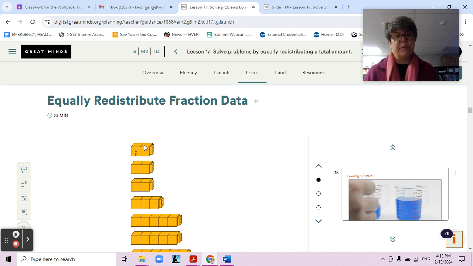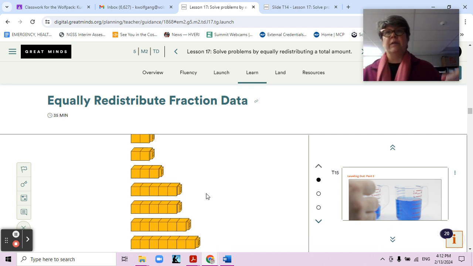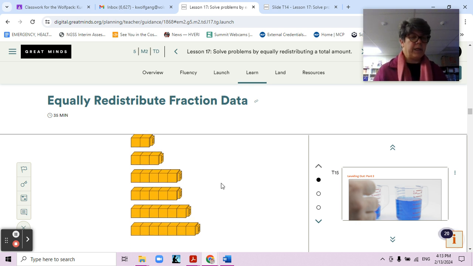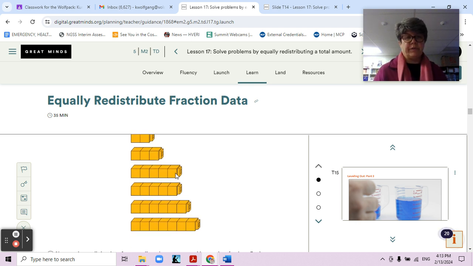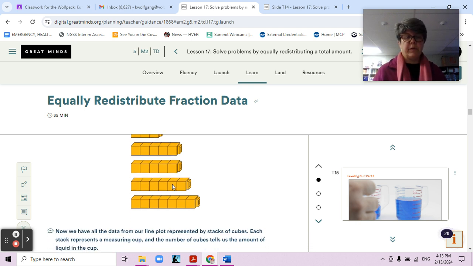You can see we have 3 that are 2/8, and then we have 1 that's 3/8. You see the 3. And then we have 2 that are 5/8, 1, 2, 3, 4, 5, 1, 2, 3, 4, 5, and 1 that's 3/4, which is the same as 6/8, and 1 that's 7/8.